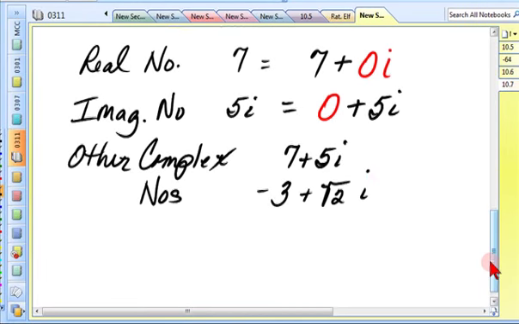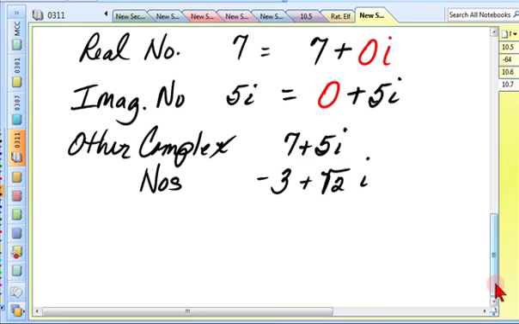Complex numbers, which is all the numbers, have real parts and imaginary parts. If the imaginary part is missing, we call it real. If the real part is missing, we call it imaginary. Okay? But they all fit under this big umbrella called complex numbers.